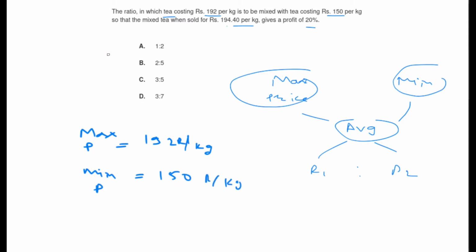The next is the average price, which is something like 194.40. It gives 20% profit.